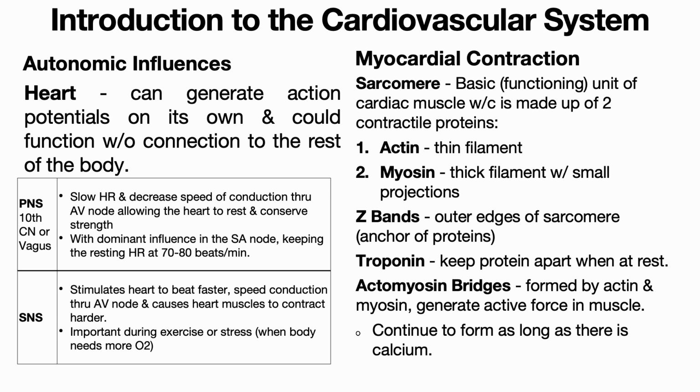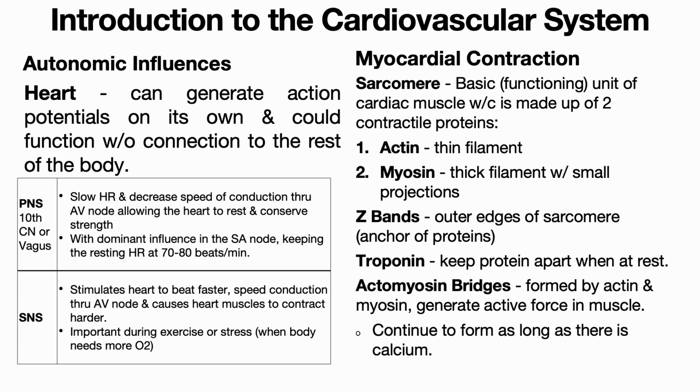The heart can generate action potentials on its own and could function without connection to the rest of the body. However, the autonomic nervous system can influence the heart rate and rhythm and the strength of the contraction.